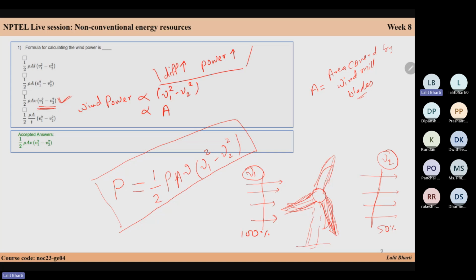That is also important, because the larger the sweep area, the more power you can convert from the windmill. Then it is again proportional to V and rho. Rho is basically the density of fluid, so that is fixed here. So if you do the derivation, you will get the third as your correct answer.